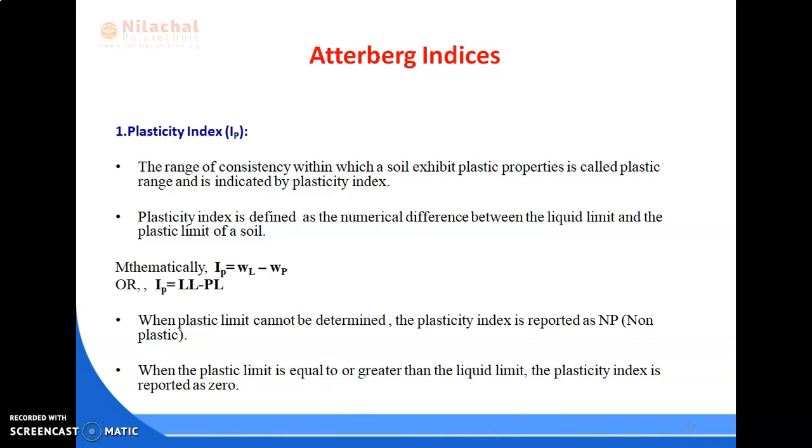And when the plastic limit is equal to or greater than the liquid limit, the plasticity index is reported as 0. So you have to remember this one. And in case of the sandy soils, basically plastic limits would be determined first. So this is the plasticity index.